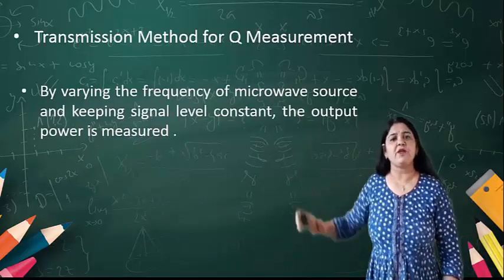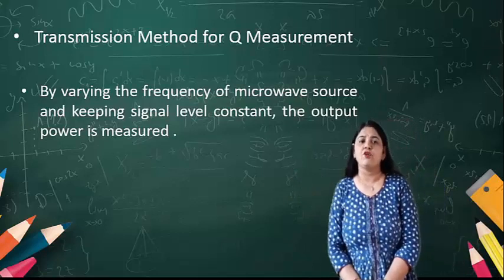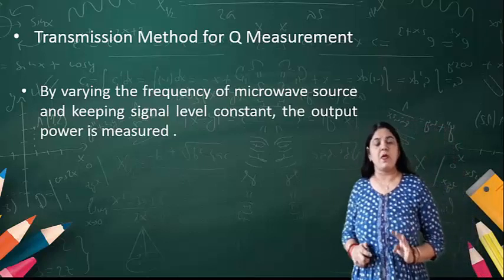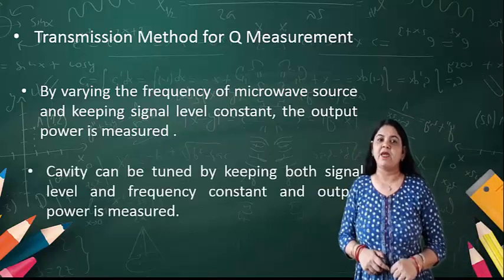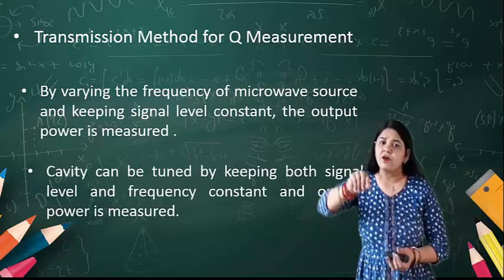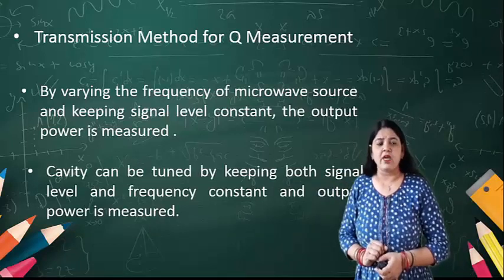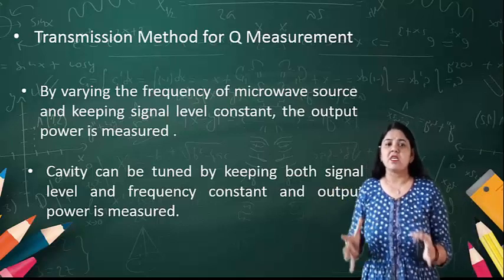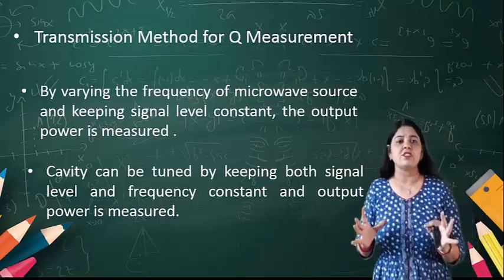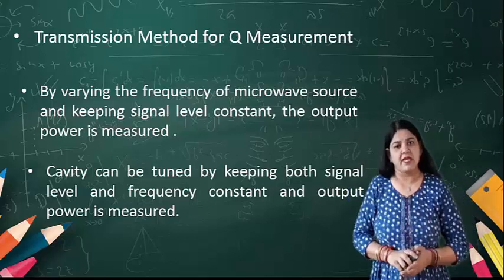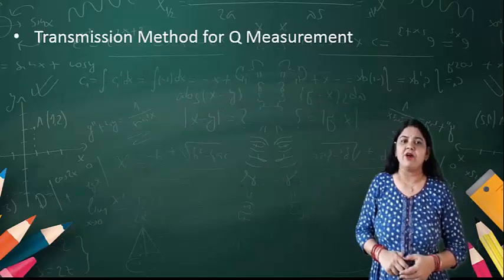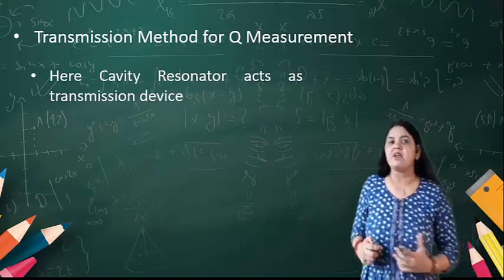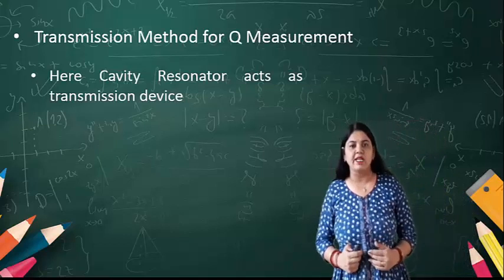By varying the frequency of the microwave source and keeping the signal level constant, the output level can be measured. We also need to tune the cavity, by keeping the signal and the frequency constant, and that way we can measure the output power. So we have the cavity resonator, an important device to measure the quality factor.